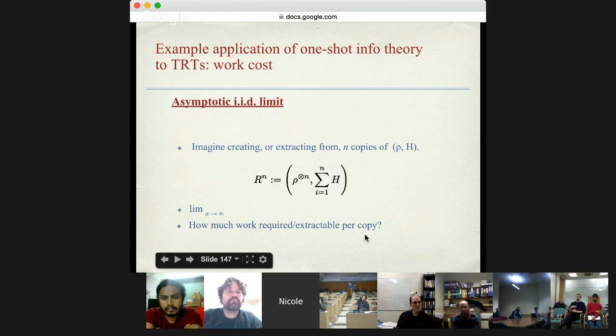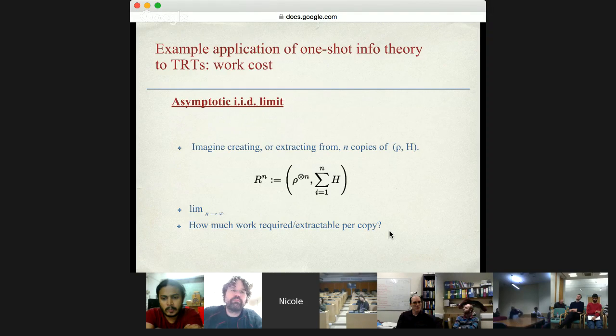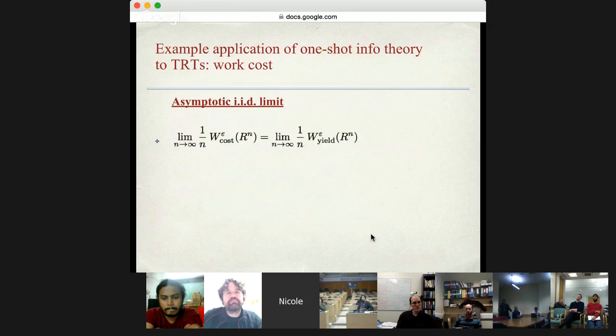It's similar to the question that we asked about data compression, which was what is the least amount of information, the smallest number of bits into which we could compress per copy of the random variable. So this is a similar sort of question, which signals to us that we should get a similar sort of answer, namely one that involves an ordinary entropy.